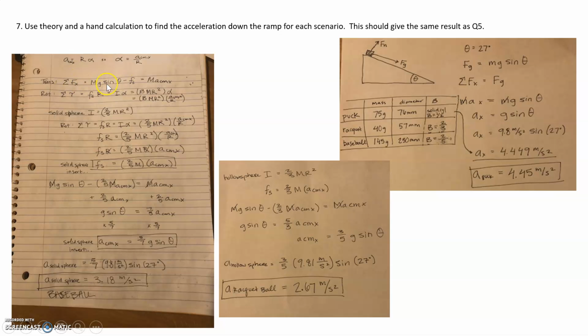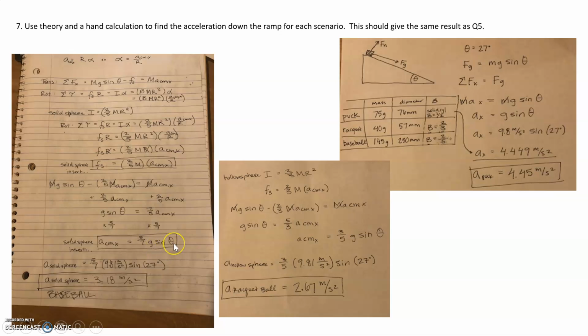Up at the top, you see mg sine theta minus fs equals ma. So where this fs is, I plugged in this equation. So doing that, I could cancel out the m's. I moved over the 2/5 ma, added it to this side, and ended up with an equation of the acceleration equals 5/7 times gravity times the sine of theta.